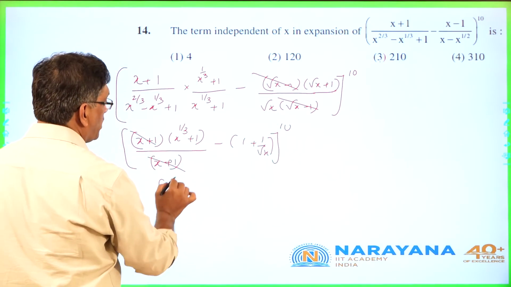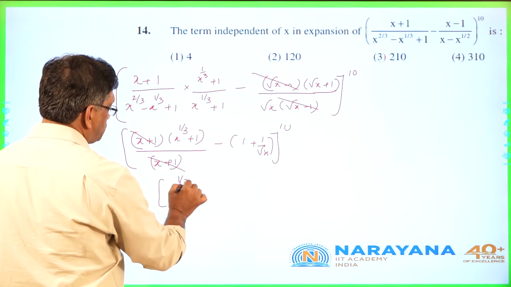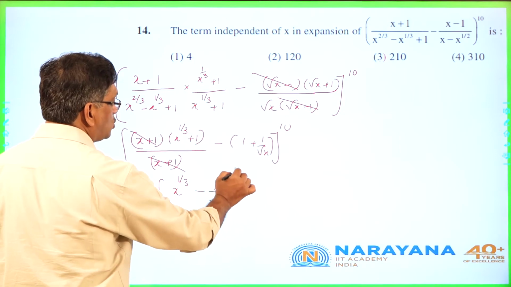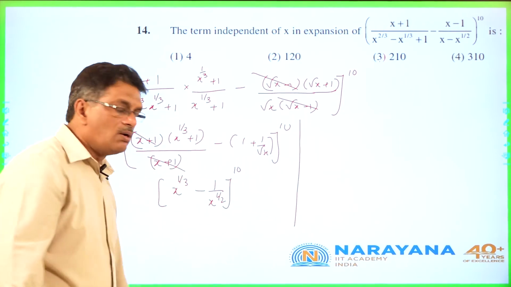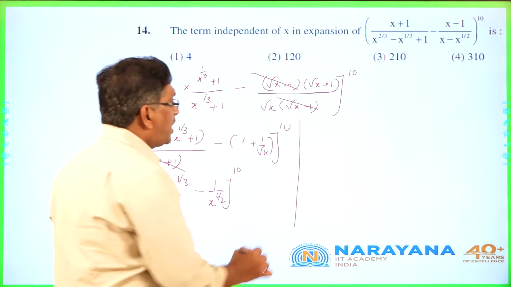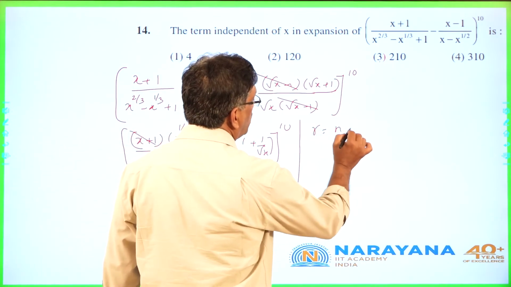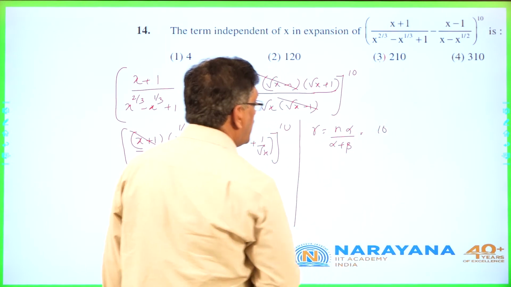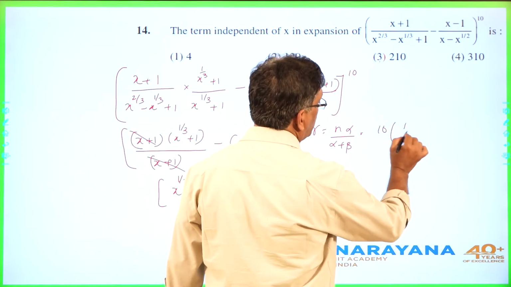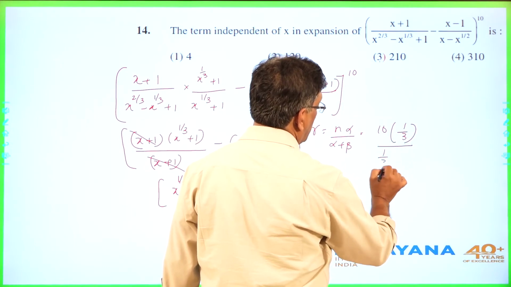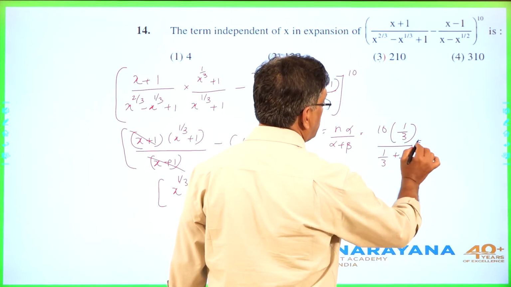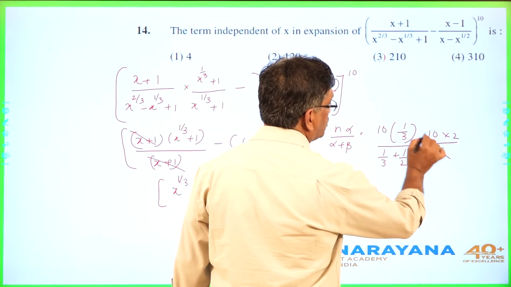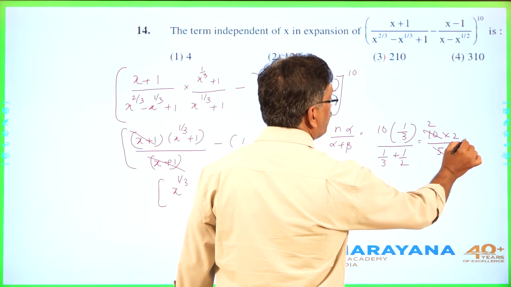When you further open, 1 also cancels, x power 1 by 3 minus 1 by x power 1 by 2, whole power 10. We have a formula r equal to n alpha by alpha plus beta. n is 10, alpha is 1 by 3, by 1 by 3 plus 1 by 2, that is 10 into 2 by 5, that is nothing but 4.